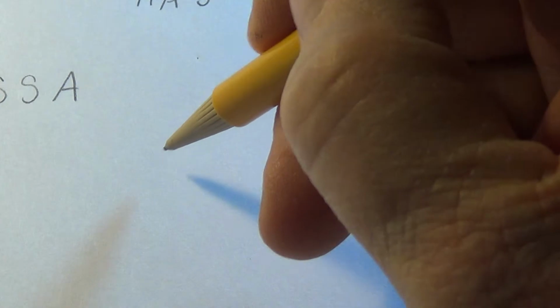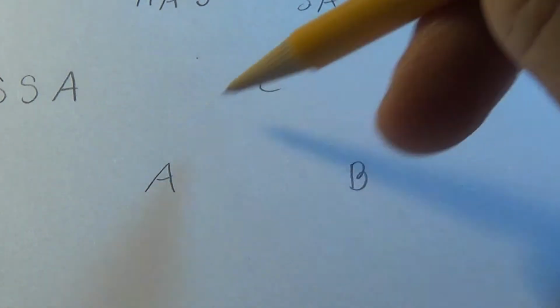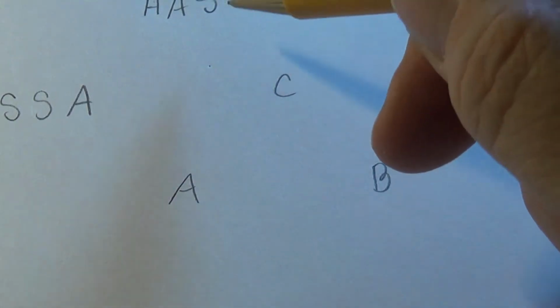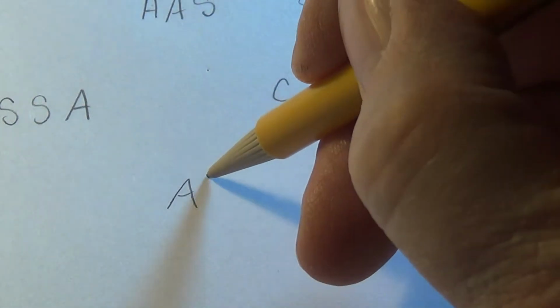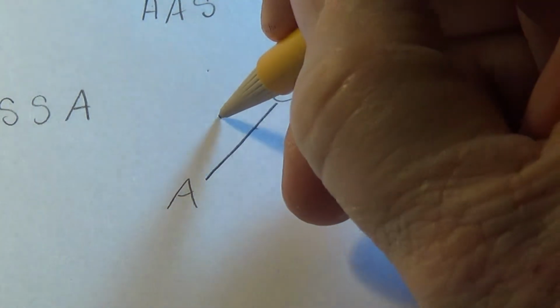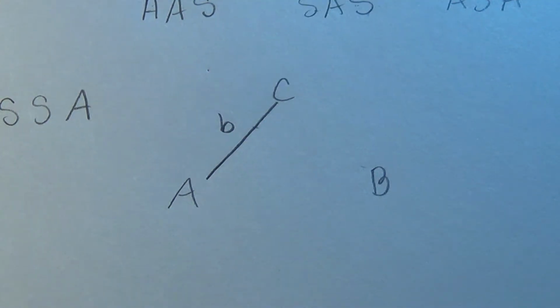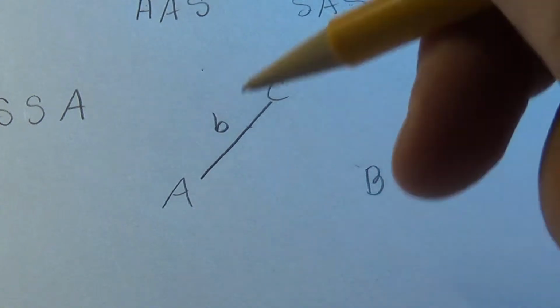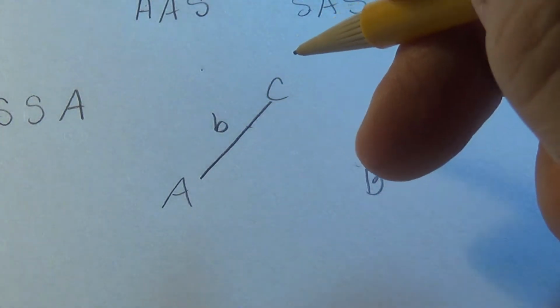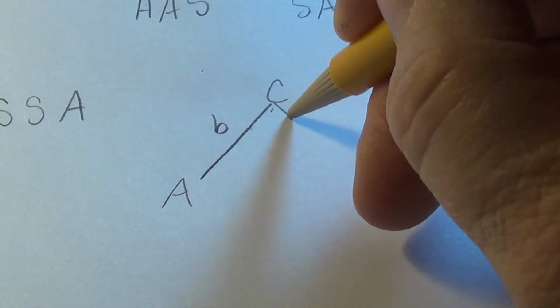If I sketch it in general, remember we're doing SSA. We know two sides, so let me call the triangle A, B, and C. But I'm only going to sketch in what we know. We know one side, so I'll call that side b, because it's across from angle B. And we know another side, and I'll put it up here.